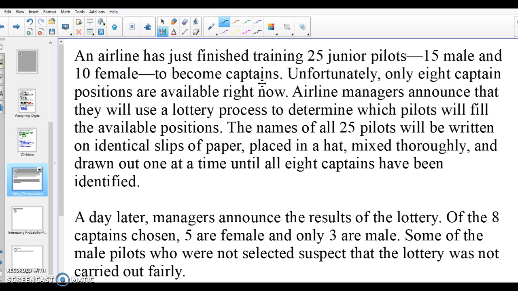So once again, take 8 out at a time, count the females, put them back, shake them up, do another trial, and let's see whether this was rigged in some way, whether there has been some discrimination involved, or if this was something that just happened by chance.